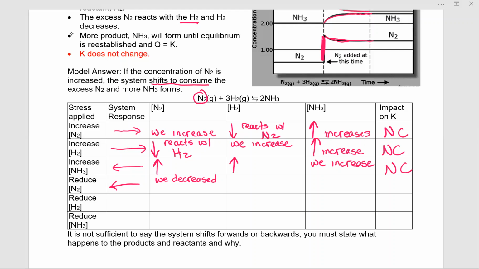The ammonia is going to decrease to replace N2. As that happens, our hydrogen is also going to go up. So H2 increases as NH3 decomposes. Well, that's not fitting too well, but we'll squeeze it in there.